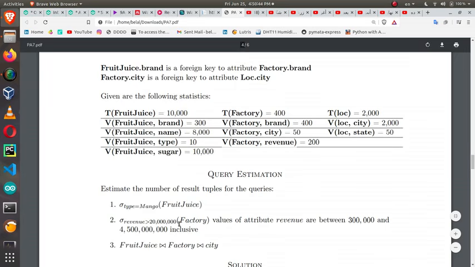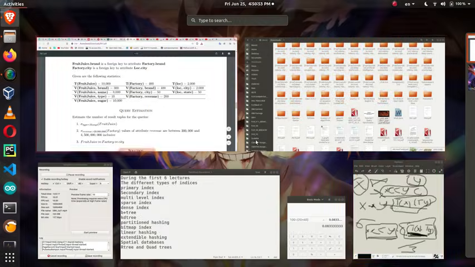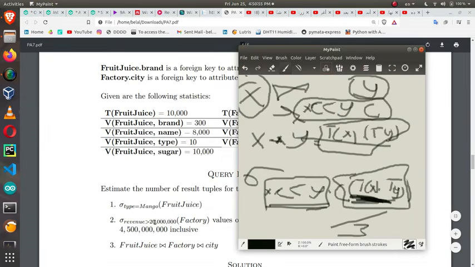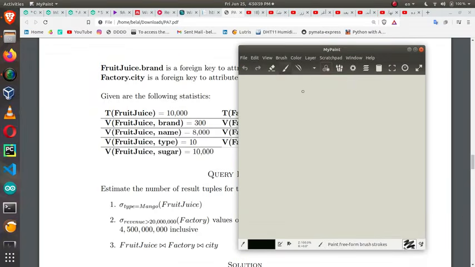In case he gives you the minimum and maximum values, we will use the rule of minimum and maximum value, and this is greater than. Let's remember the rule: maximum minus value over maximum minus minimum plus 1.